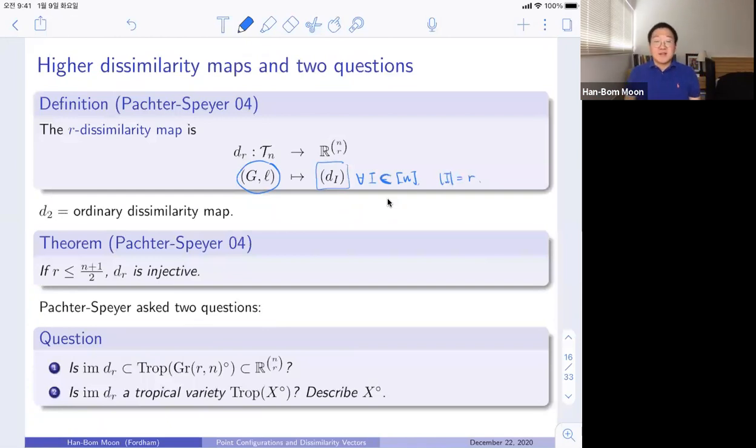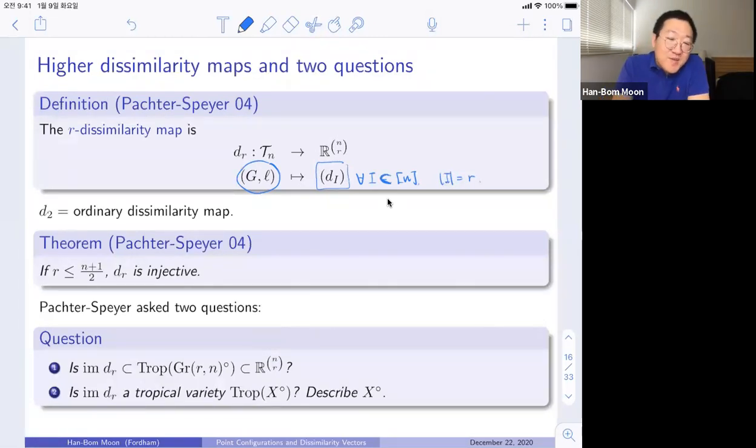And in the same paper, Pachter and Speyer asked 2 important questions. The first question is that, interestingly, it seems that the image of this R-dissimilarity map, D_R, is contained in the tropicalized Grassmannian. So the question is, is it true or not?